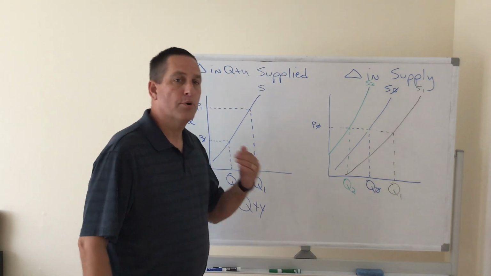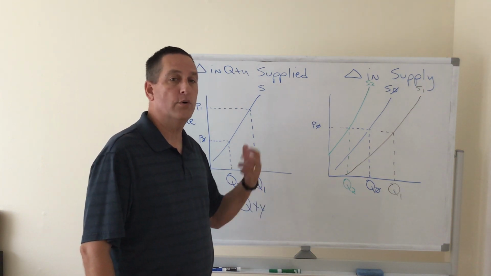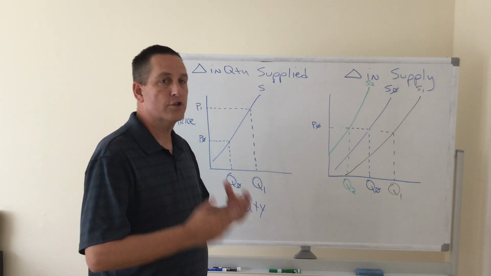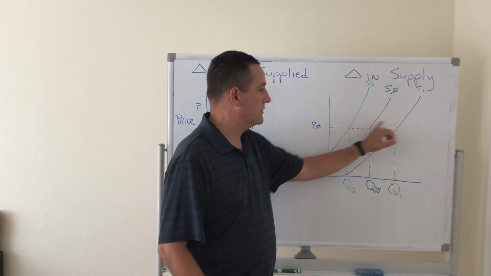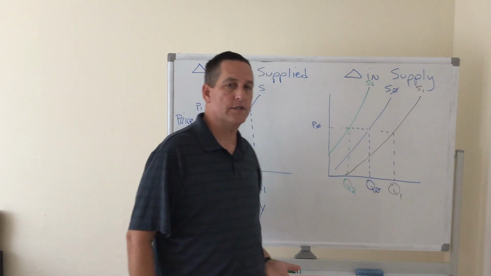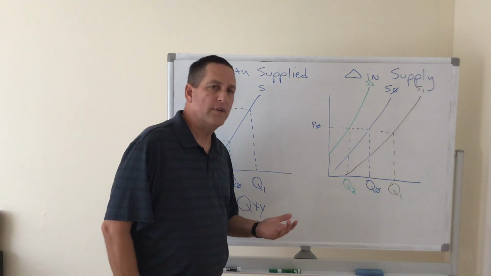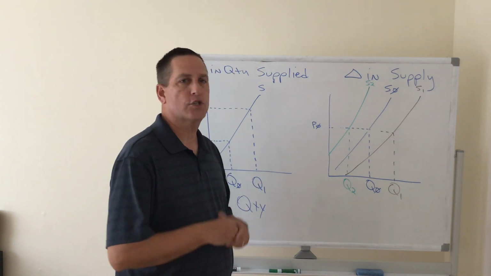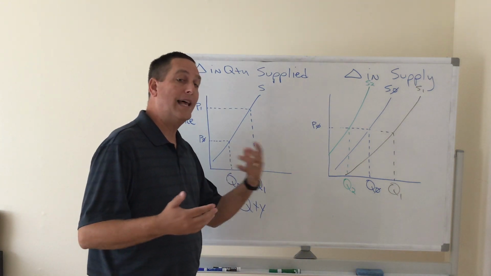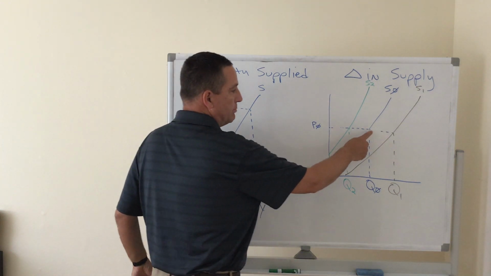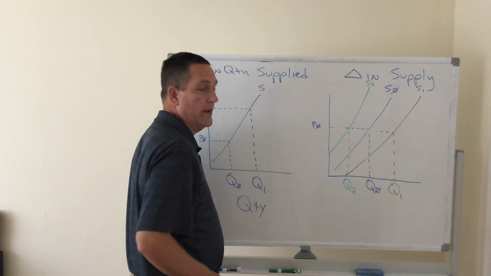In fact, productivity almost always goes up, right? Because the workers are getting better over time, and that allows the supply of goods and services to go up at those same prices. Okay? But what if the workers were disgruntled and frustrated and unmotivated? Well, then they become less productive, and the supply of goods and services would actually go down.